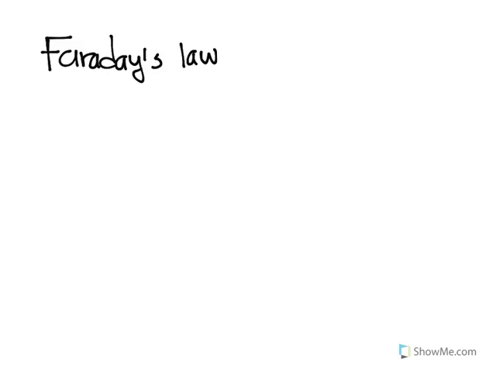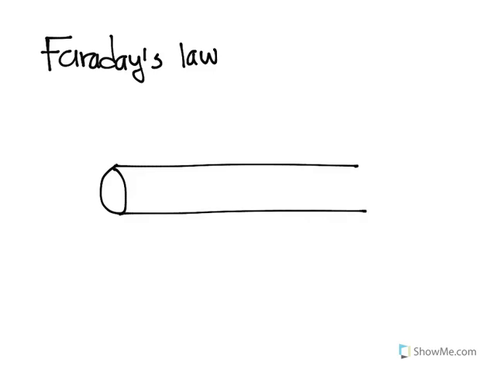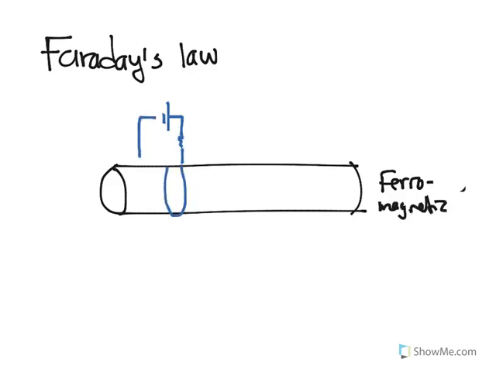In this tutorial, we're going to talk about Faraday's law. Imagine, for instance, that we have a ferromagnetic bar, and then we provide a source of voltage with a resistor, and we have a coil or a solenoid, right?